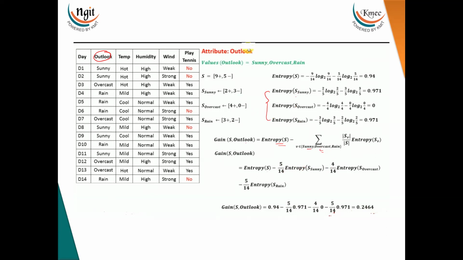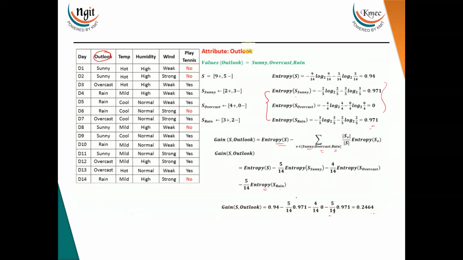Similarly, minus, now overcast. We know that overcast has 4 values. So minus 4 by 14 times the entropy of S overcast. Minus the entropy of rain. Rain has 5 values, 3 plus 2, 5. So minus 5 divided by 14 times the entropy of S rain. Just substitute all these values into this formula.